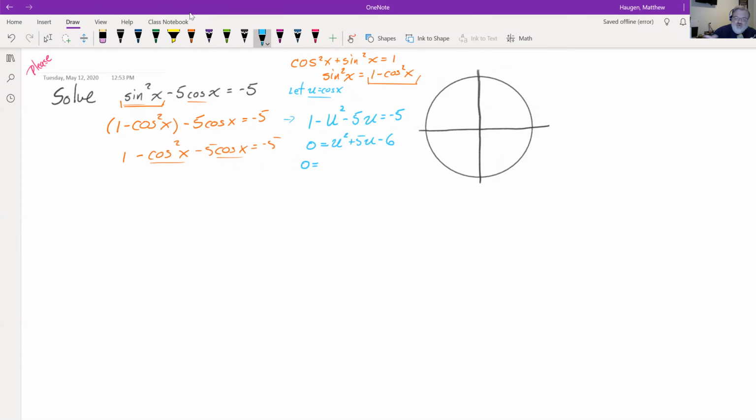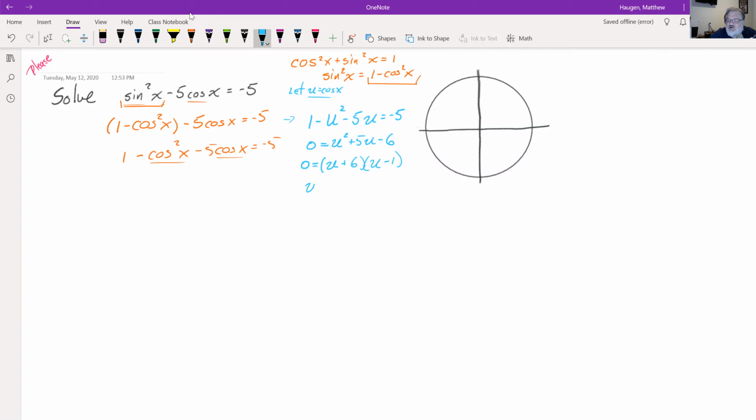We'd have u equals the results from the quadratic formula, and then that u would go back to cosine, and the cosine would equal those quadratic formula results. It doesn't have to be factorable. Just because we're learning this, ours will tend to be factorable, but they don't have to be.